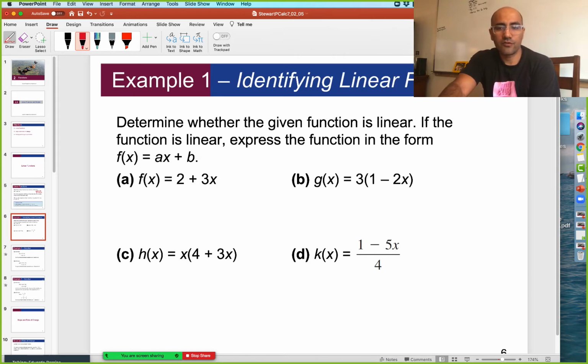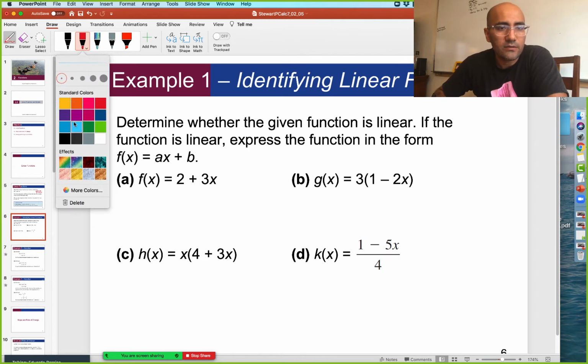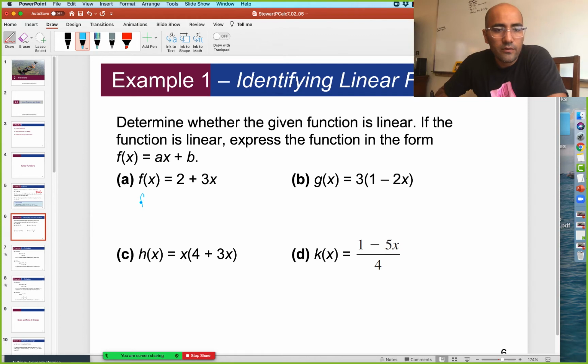Determine whether the given functions are linear. Okay, all we have to do is manipulate them and see if we can get them to fit this form, and if they can be, then they are linear. So this should be pretty easy. Let's go back to blue here. For this one, all I have to do is swap them around using the commutative property of addition.